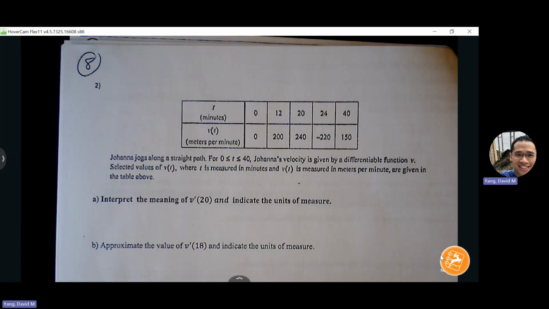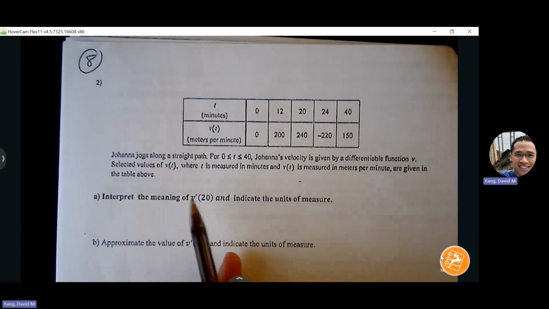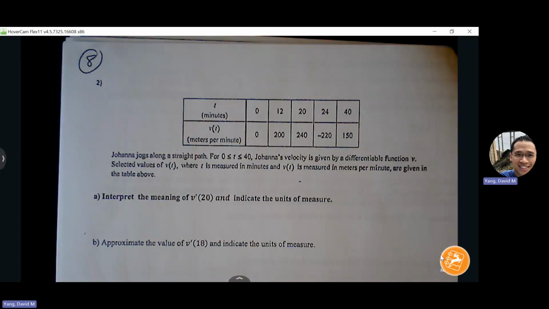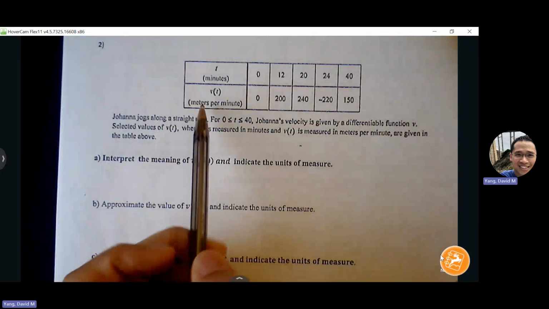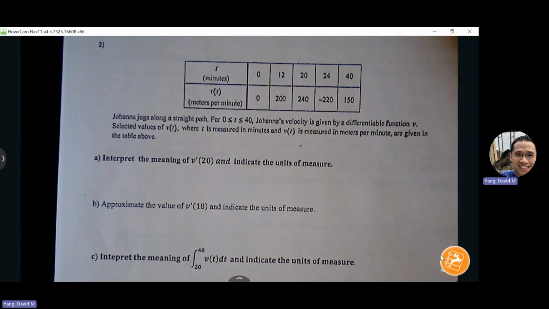Okay, so Joanna jogs along a straight path between 0 and 40 minutes. Joanna's velocity is given by differentiable function v. So interpret the meaning of v prime of 20. So v prime of 20 is involving acceleration, but if we want to use the word rate, we know v prime of 20 is the rate of change of velocity at t equals 20.